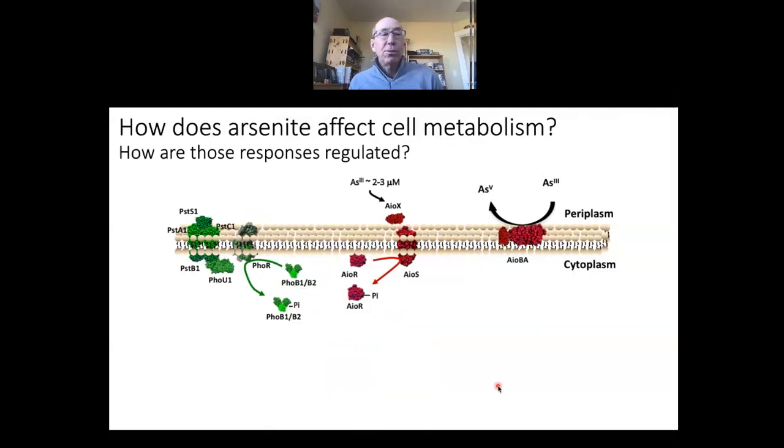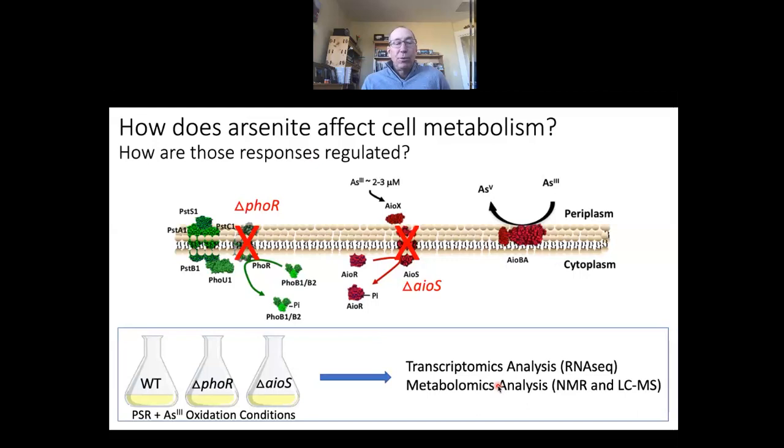So one of the questions that we're interested in asking is, how does arsenate affect cell metabolism? One of the ways to go about this is to delete individually these different sensor mechanisms, so deleting the phosphate sensor and deleting the arsenite sensors, and then seeing how cells respond.